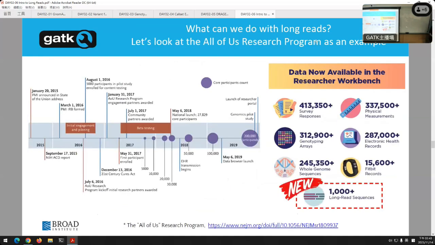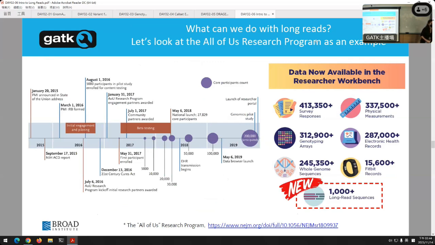Okay, so what are some of the applications of long read technologies, and what are some of the cool projects that are using long reads? One of them is the All of Us research program, which earlier this year released over 1,000 long-read genomes. So for long reads, because it's a newer, more expensive technology, 1,000 is actually quite a few.